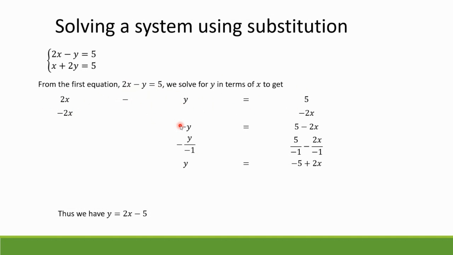We get negative y is 5 minus 2x. That's great, but we don't want negative y, we want y.